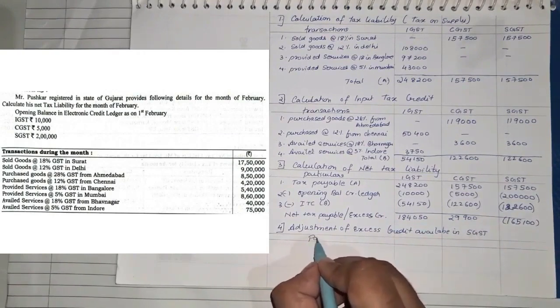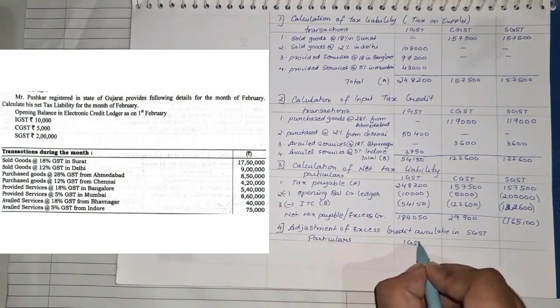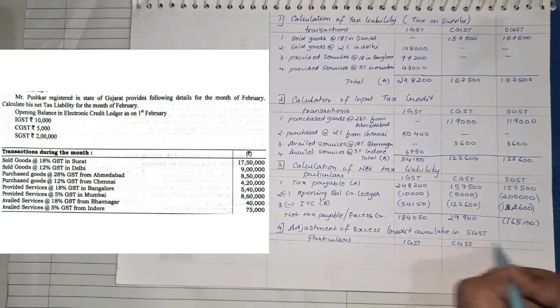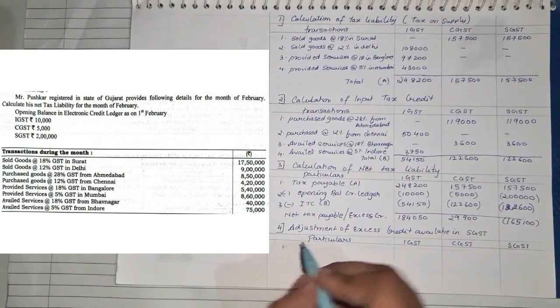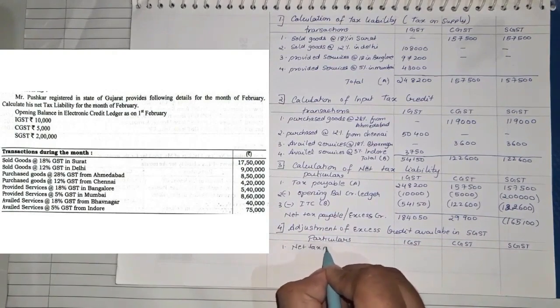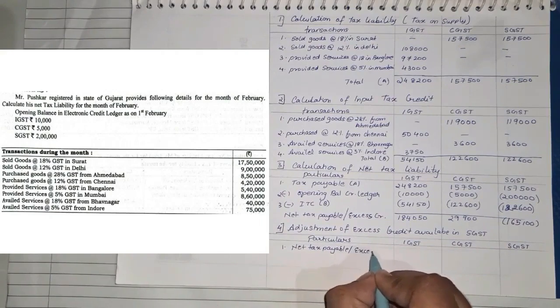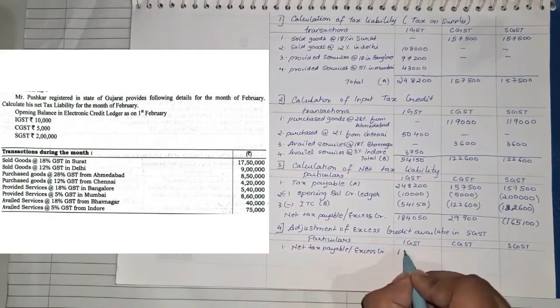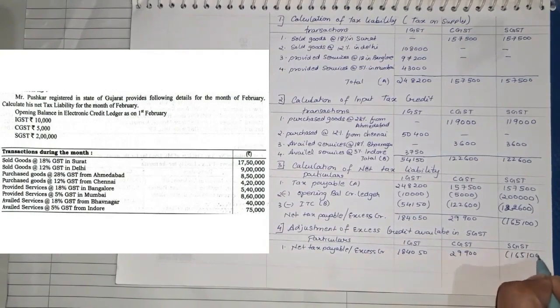Again we'll have particulars: IGST, CGST and SGST. Step number 1 will be the answer that we have found, so net tax payable or excess credit. We'll just note down the final answer from the last step. We had 1,65,100 as negative.